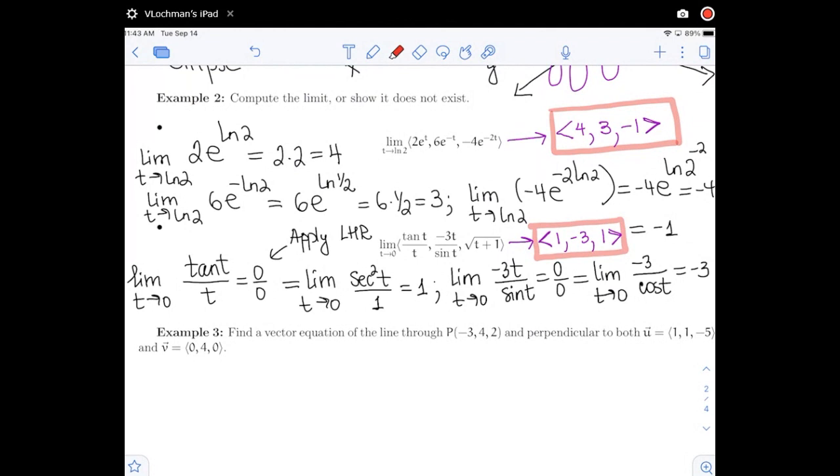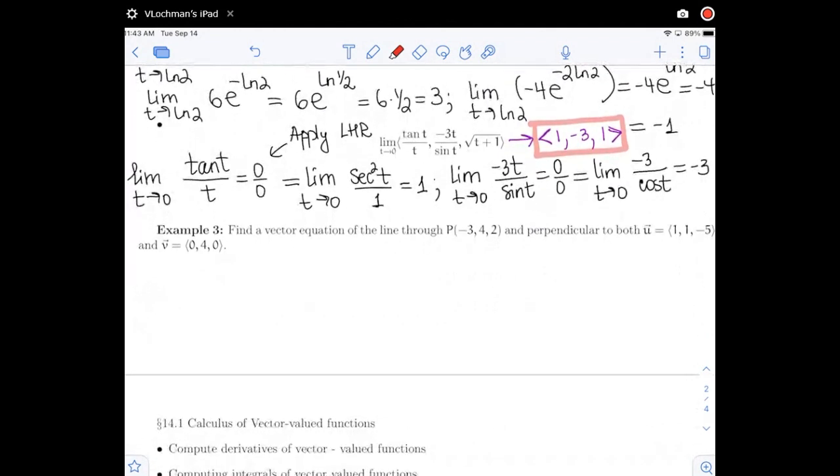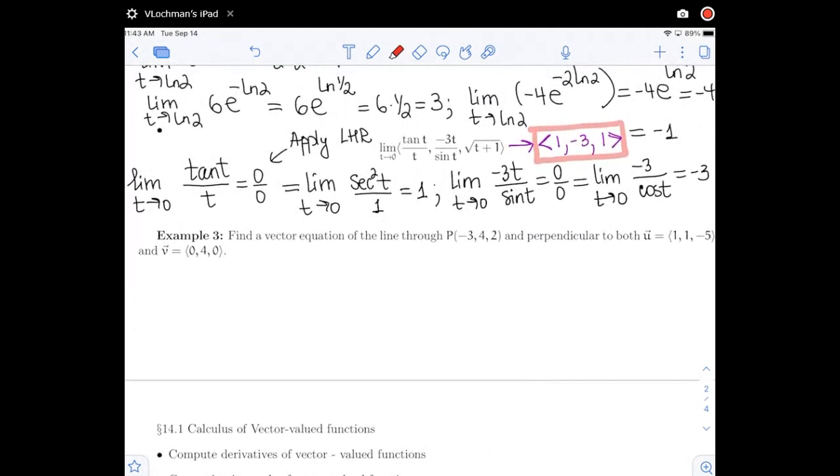All right. Then let's take a look at a problem that we actually know how to solve, but once again, we're going to discuss an equation of the line. We want to find a parametric equation, a vector equation of the line that goes through this point P, and it's perpendicular to both vectors u and v.